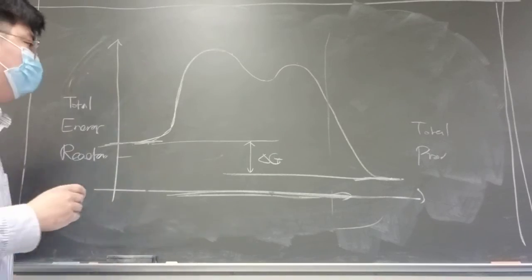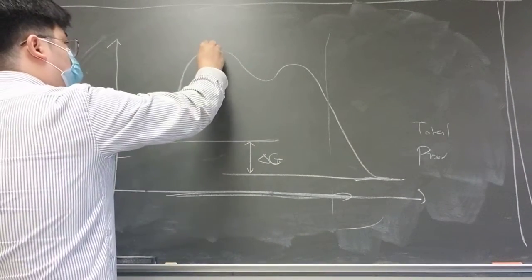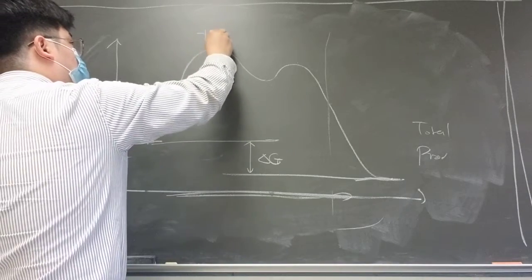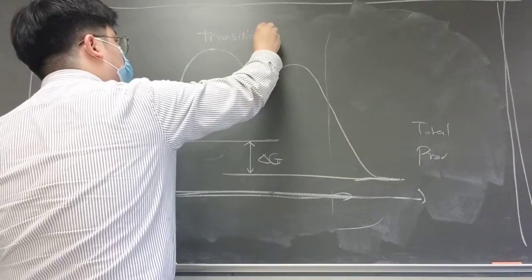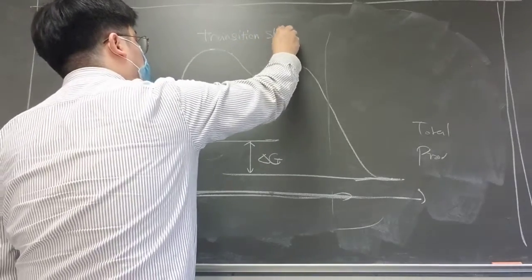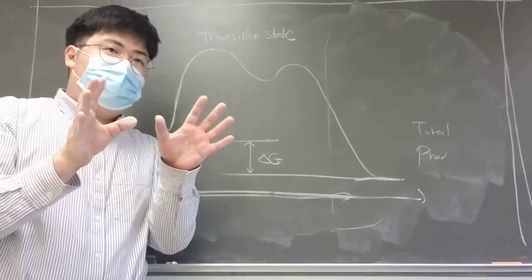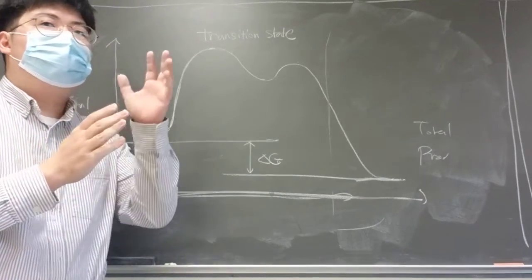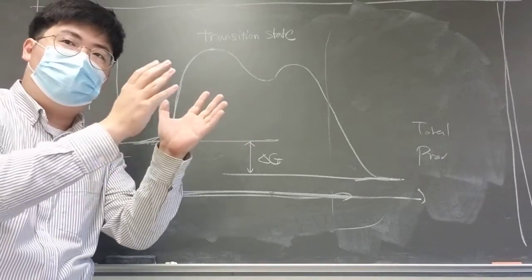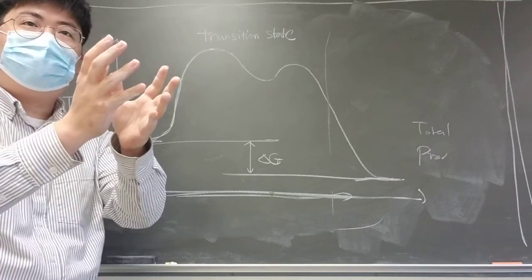Okay, so this one over here is the point we call the transition state. So whenever you make a new product, meaning you need to break the bonds in the reactants and make the new bonds in the products, right?